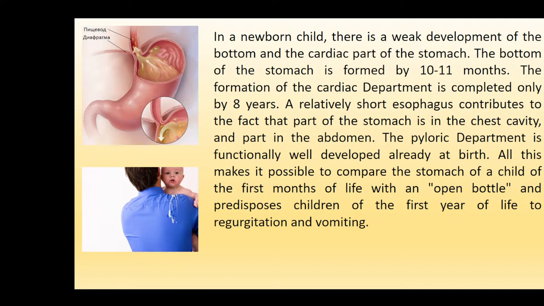The pyloric department is functionally well developed already at birth. All this makes it possible to compare the stomach of a child in the first months with an open bottle and predisposes children of the first years of life to regurgitation and vomiting.